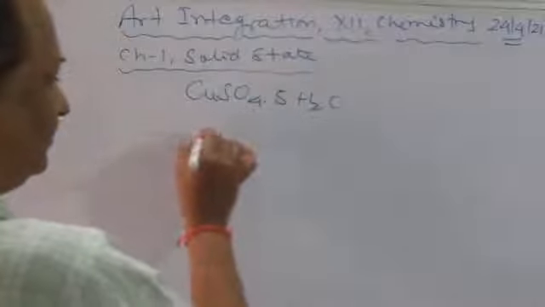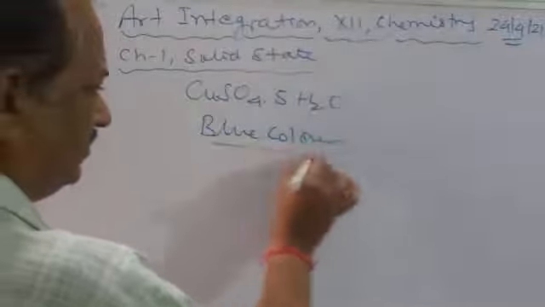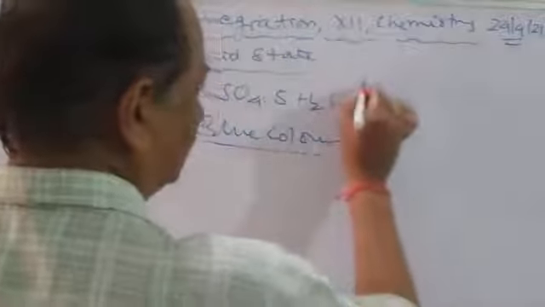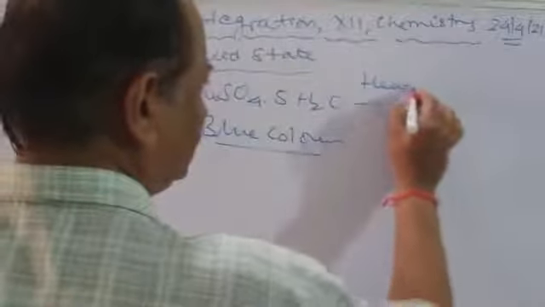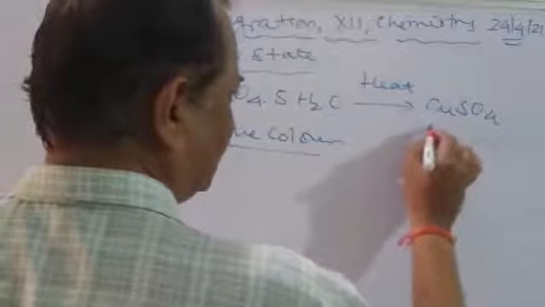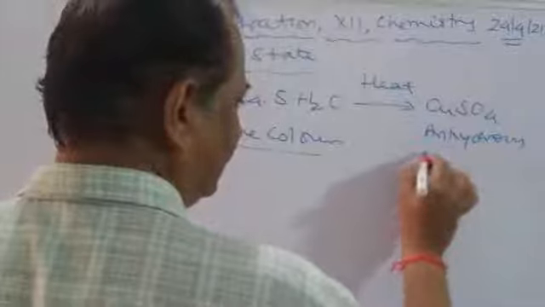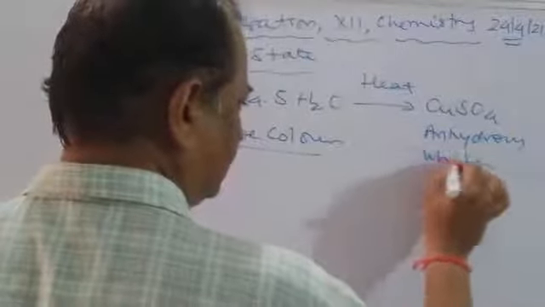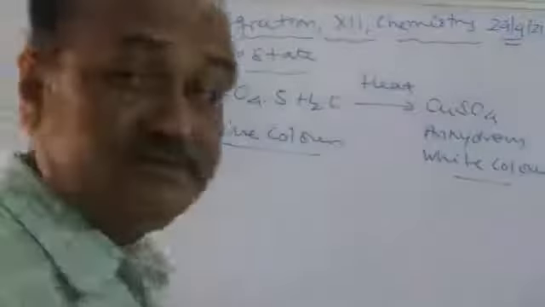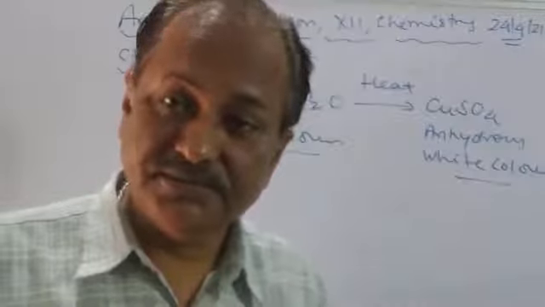It has blue color. When it is heated, it loses water molecules and forms anhydrous copper sulfate, and here it becomes white.